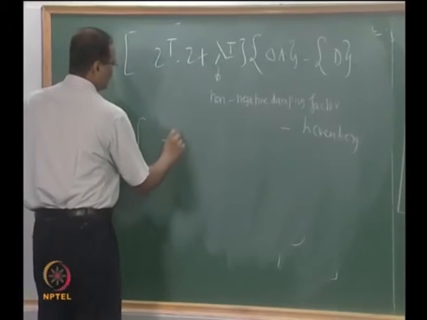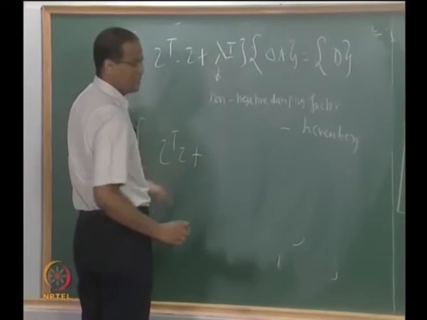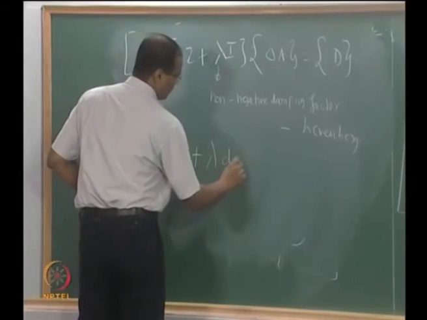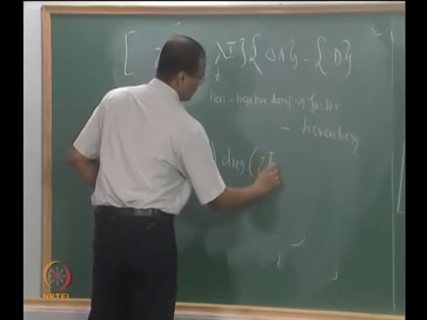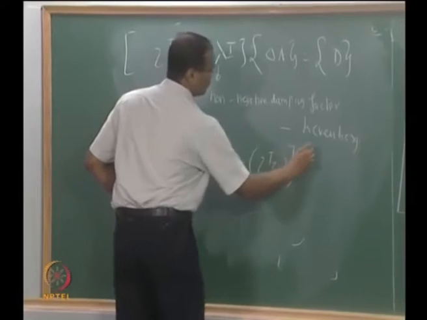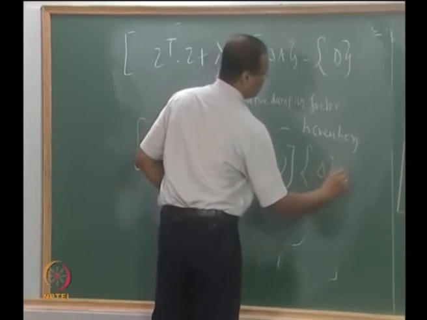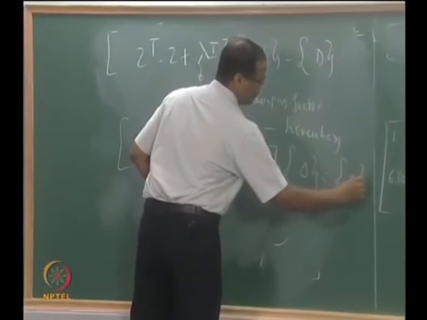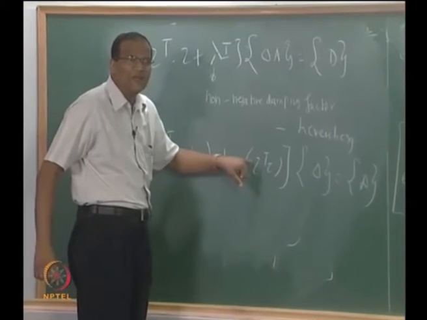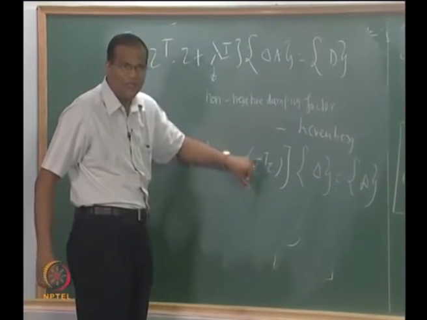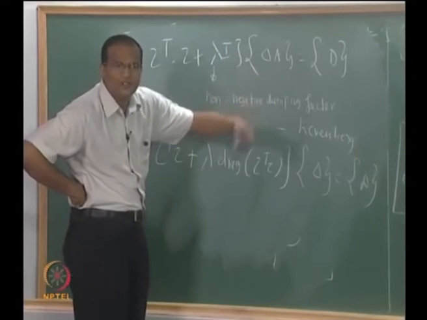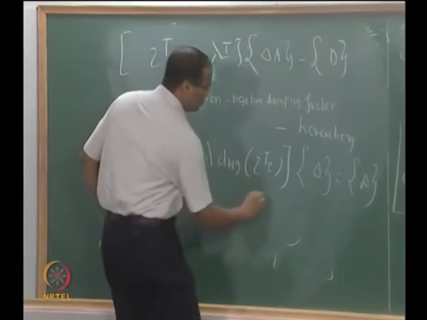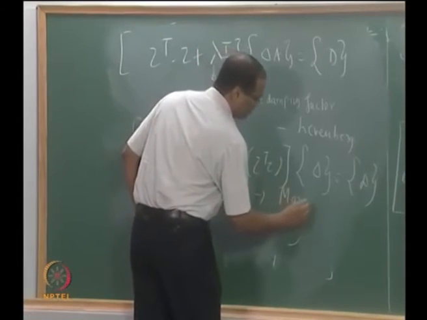Additional improvement was, instead of using the identity matrix, use only the diagonal elements of Z transpose T Z, and for all the other elements use 0, right. This was the modification proposed by Marquardt.